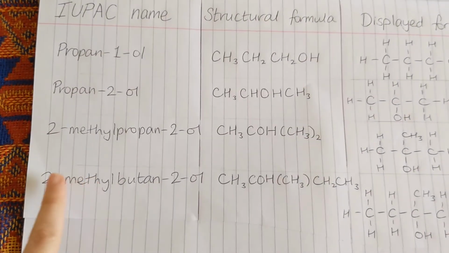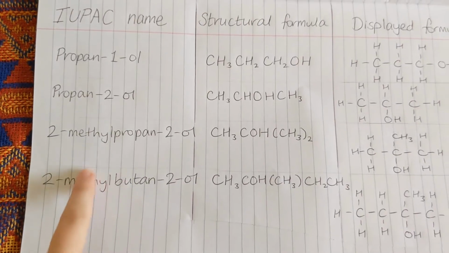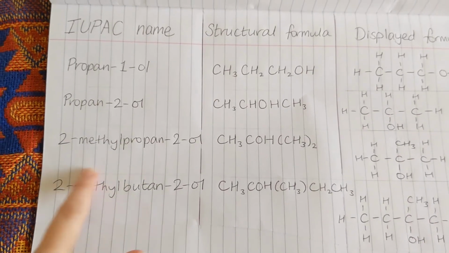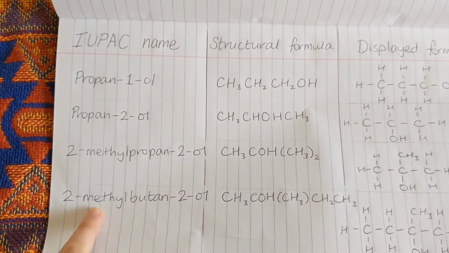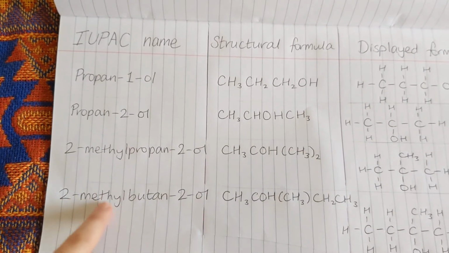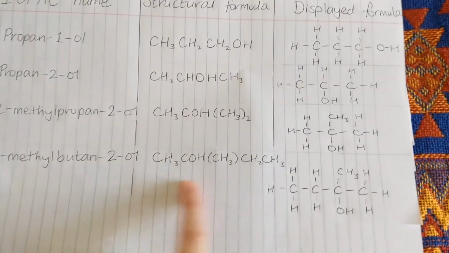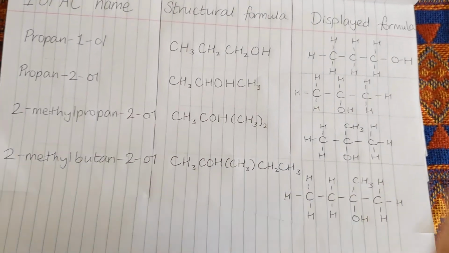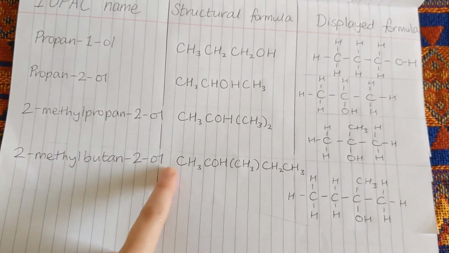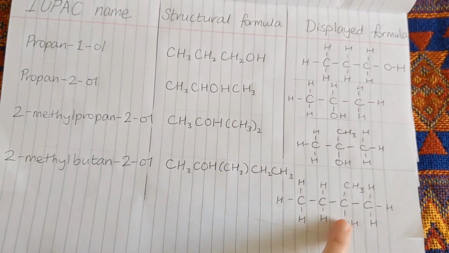Then the last one, 2-methyl, this "-yl" tells us there's a branch. The meth bit means 1 carbon, so 1 carbon branch. Here's our carbon branch. But 4 carbons, 2-ol, the alcohol group is on carbon number 2.